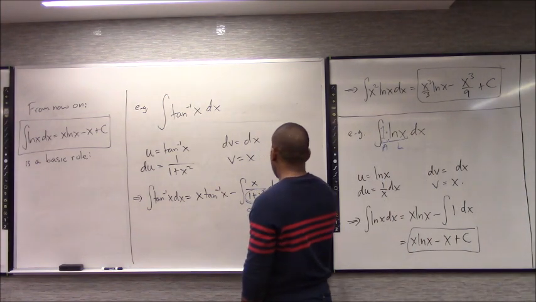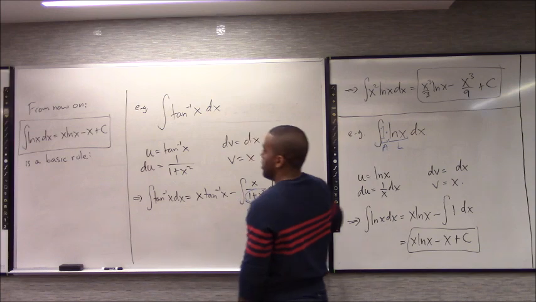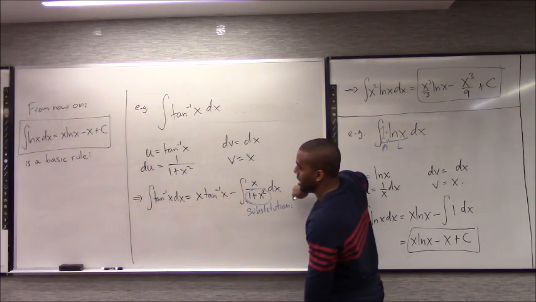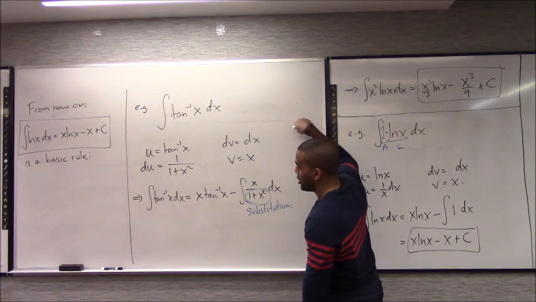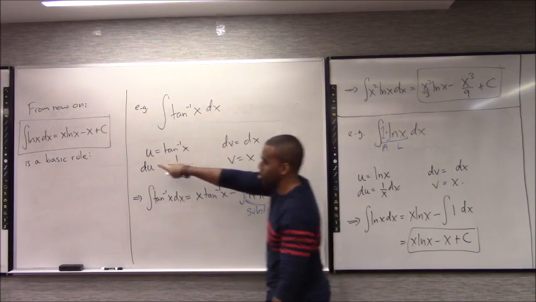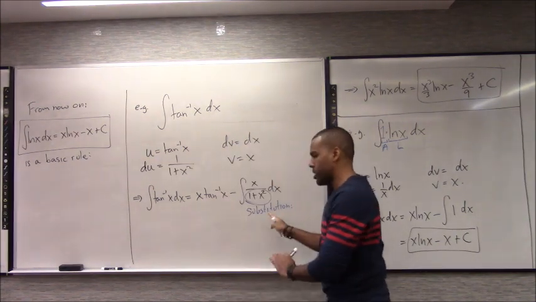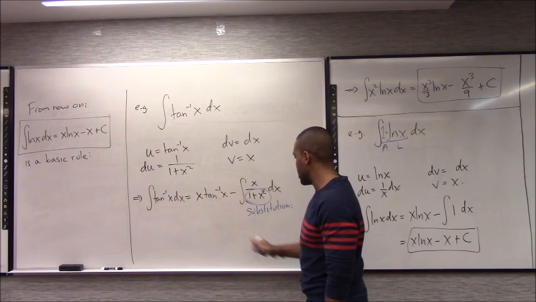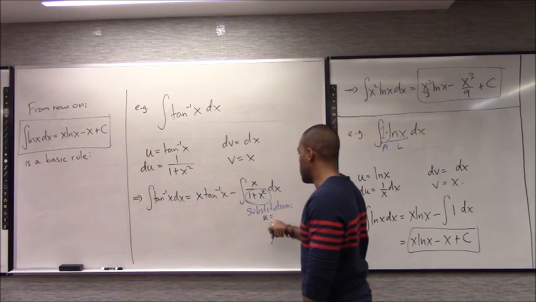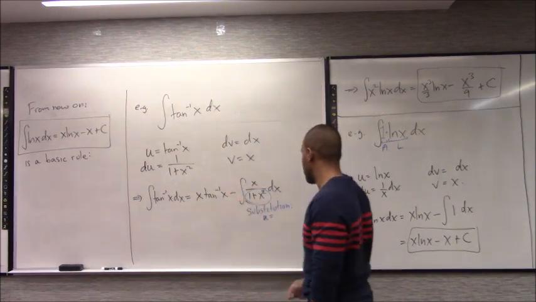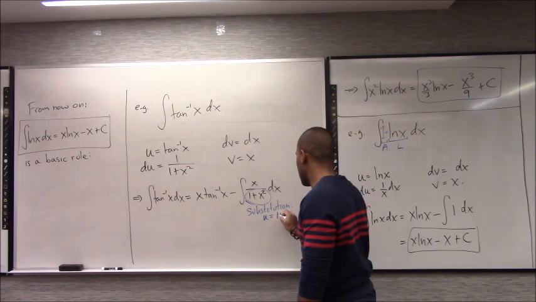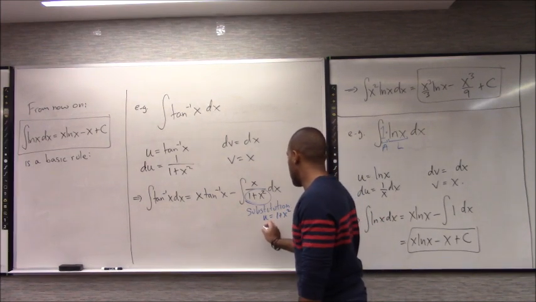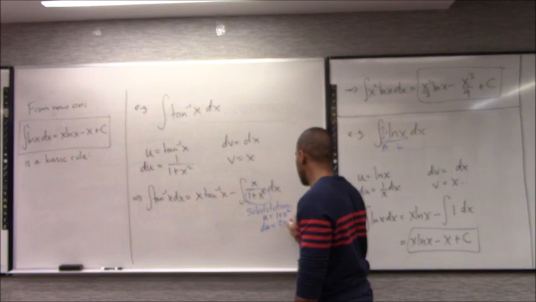There's a chance of getting confused if you start off with a substitution and then go into integration by parts, because you reuse the variable. But at this point it's okay because I only have x's here. So I'm going to use the u again, but this is a u from a substitution, not the u from the integration by parts. You can say u equals 1 plus x squared, and my du would be 2x dx.